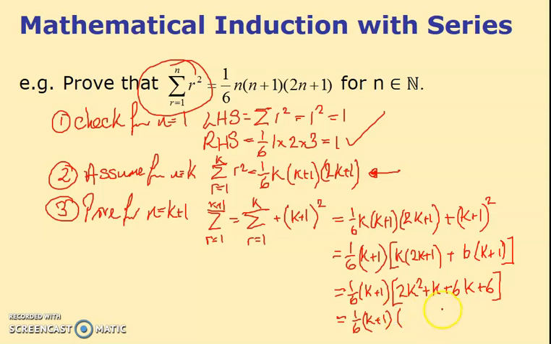Now, you can kind of cheat a bit. You can kind of know that, obviously I've got really 7k here, so I'm going to hazard a guess. This is 2k plus 3 and k plus 2. That gives me 2k squared plus 4k plus 3.